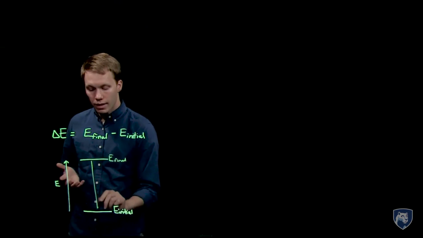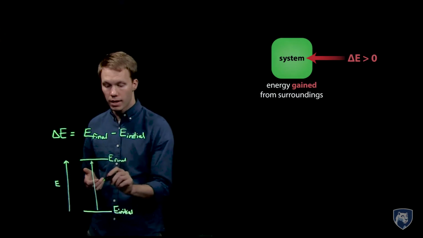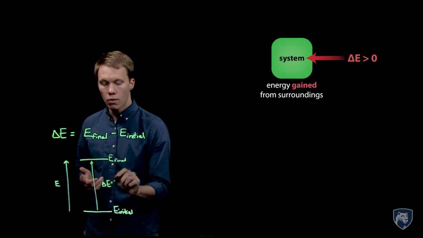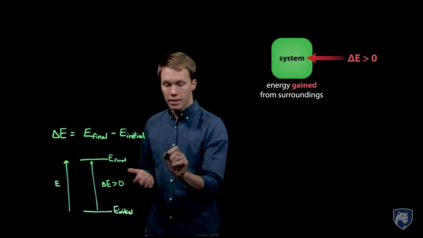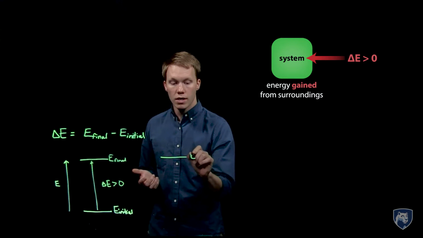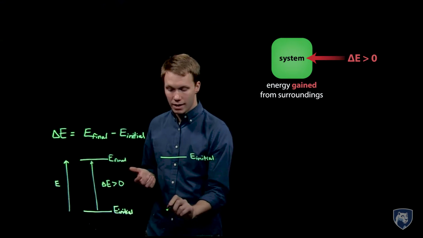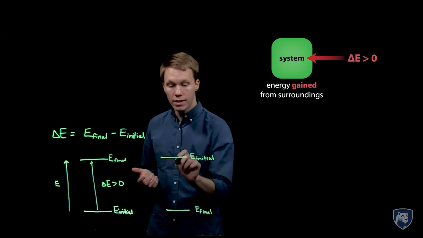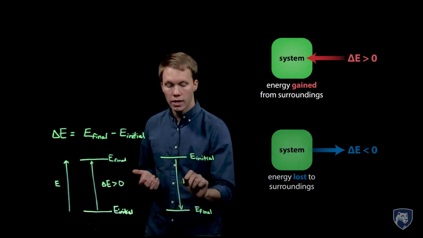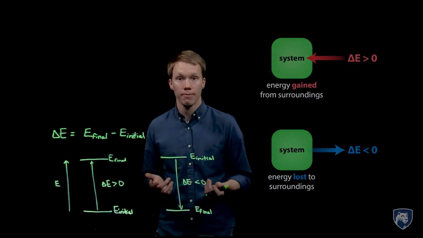To get to this higher energy level, energy must be put into my system. And so delta E here would be a positive value, greater than 0. The opposite scenario would be if we start at a higher level and end at a lower level. In this case, my system must have lost energy, so my delta E will be less than 0, or negative.